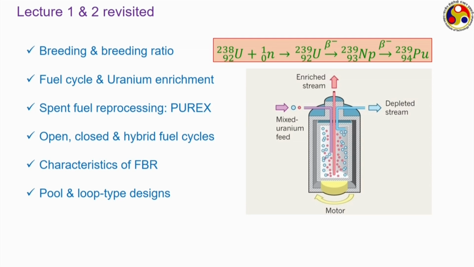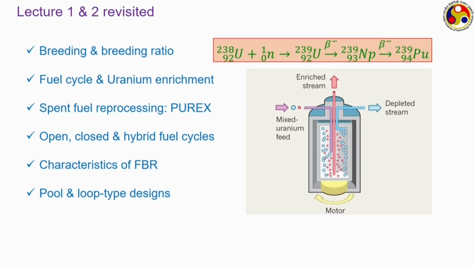In the pool type, we have everything, the reactor core, the primary pump, and the intermediate heat exchanger, all immersed in a pool of liquid sodium, whereas in the loop type design, only the reactor is immersed in the liquid sodium. Both the pump and the intermediate heat exchangers are kept outside. Both designs have their own advantages and therefore are being used in different designs.